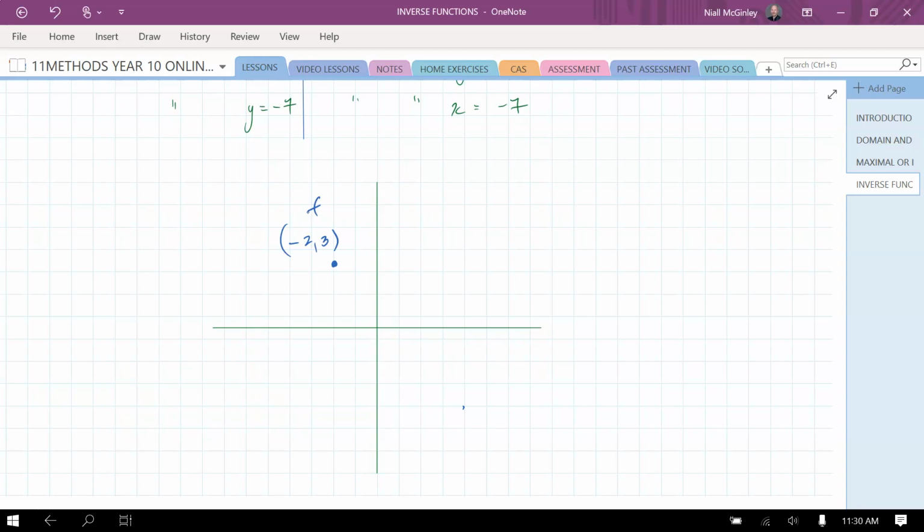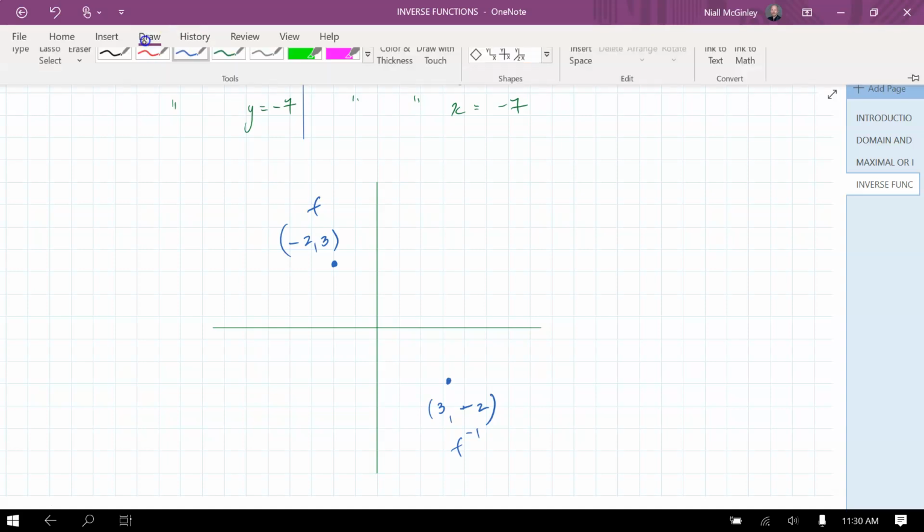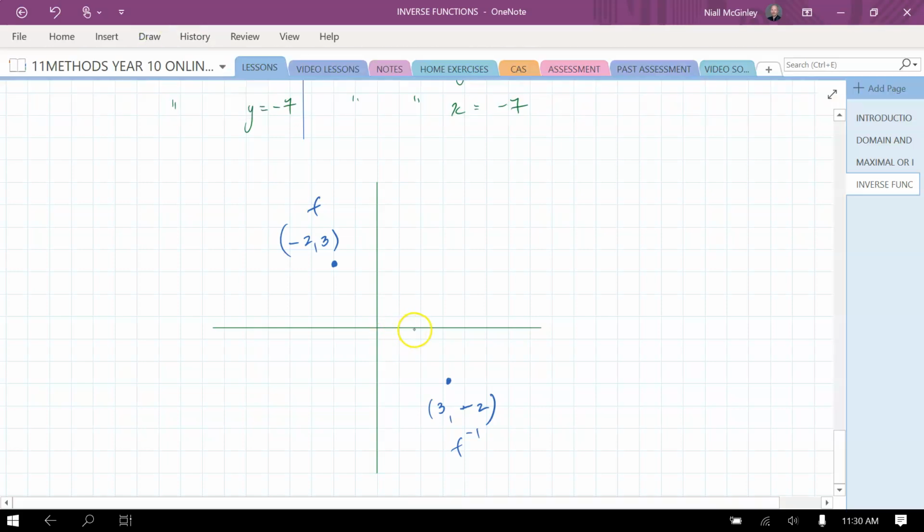What would happen is, if we've got (-2, 3), that point's actually going to become (3, -2). So we know that we're going to have this point here on your inverse. Say if we had the point (1, 3), so 1 along and 3 up.